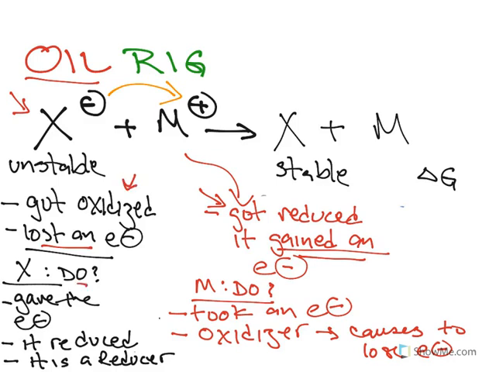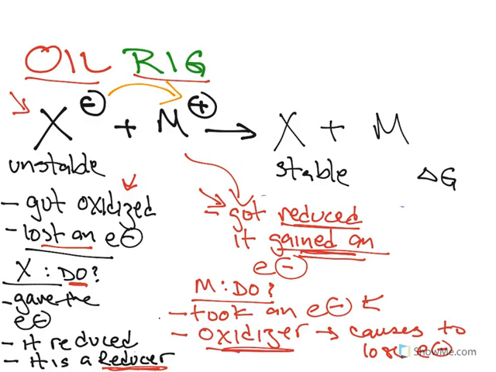But what did it do? It reduced M. Therefore, it is a reducer. And for reduction, our RIG part, M is getting reduced because it is gaining this electron. But what did M do to X? It took an electron from X, and therefore it oxidized it, and M is an oxidizer.